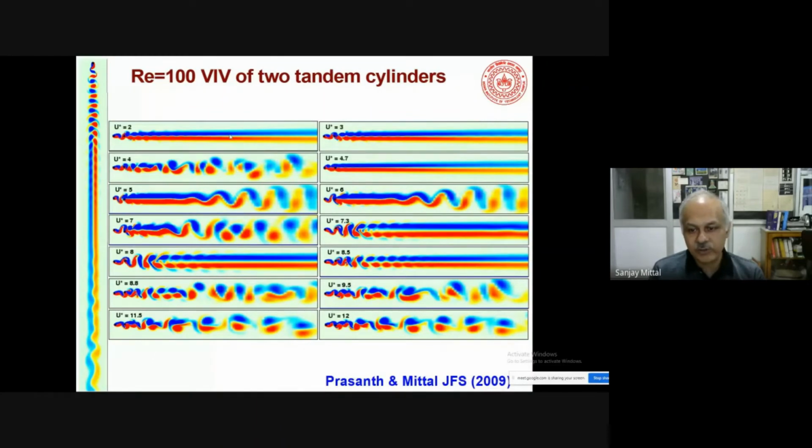So some of the flow pictures are shown at different U star, and it's an extremely rich flow. Again, I will not go into the details, but compared to if these were not vibrating, if they were just stationary, you would see something like U star equal to 2, because there the amplitude of vibration is extremely small.